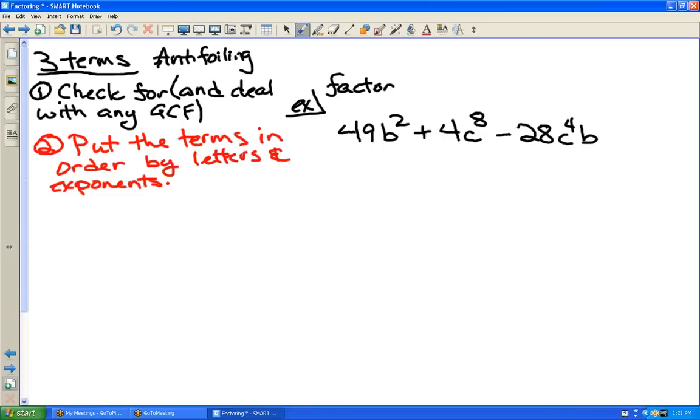Now, when you have more than 1 letter, which isn't going to happen that often, I'd like to give you the worst case scenario in examples so that if you see something like that, you've at least got something that you can reference. So if you have things with more than 1 letter, you can start with one of the letters, and you want the exponents to either count downwards or count upwards. So you're going to look 1 letter at a time.